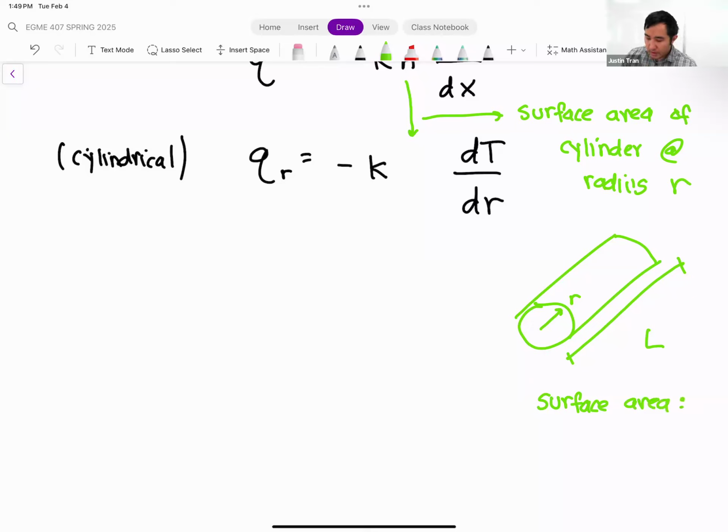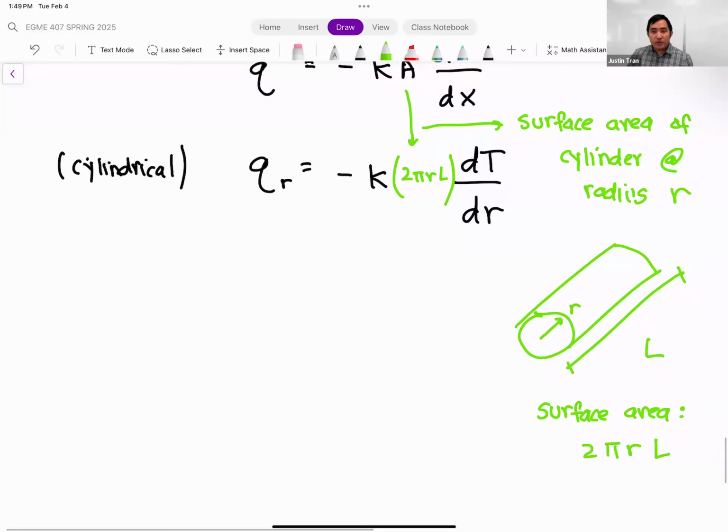To compute the surface area of a cylinder, you take the perimeter of the circle, 2 pi r, and multiply by the length. So the surface area is 2 pi r L, and that's what we plug into Fourier's law. Our formula for the heat transfer rate, Q sub r, is minus k times 2 pi r L times dT/dr.